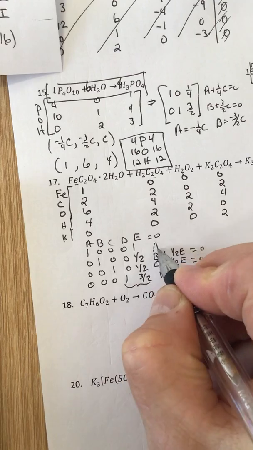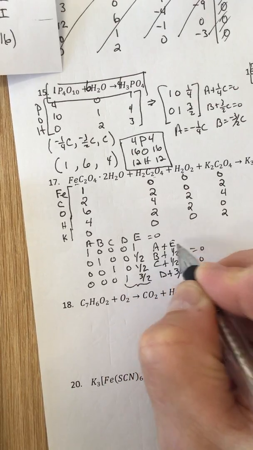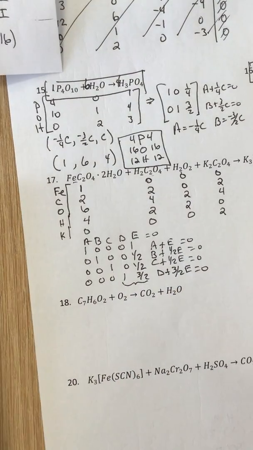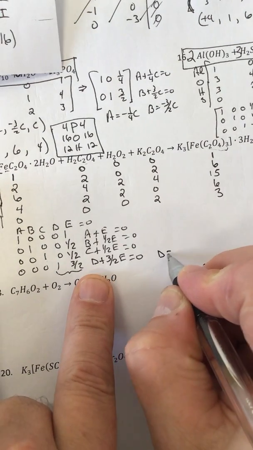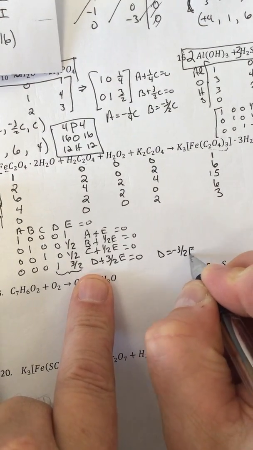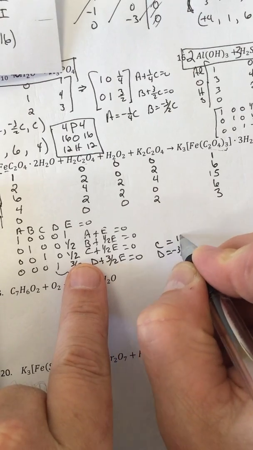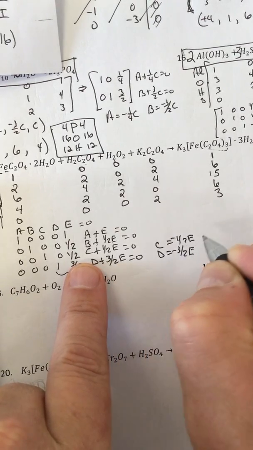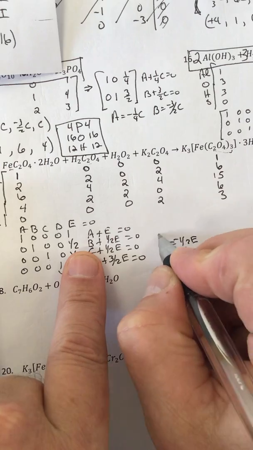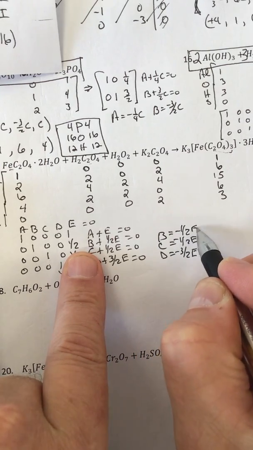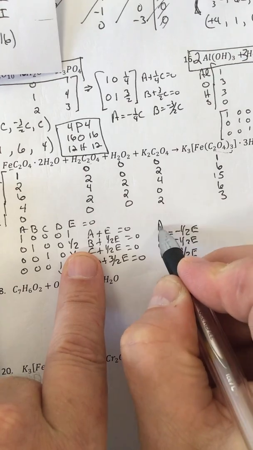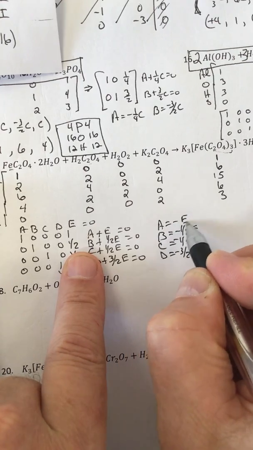This one's A plus E, 1E equals 0. So there's the relationship. D is negative 3/2 E. C is negative 1/2 E. B is negative 1/2 E. A is negative E.